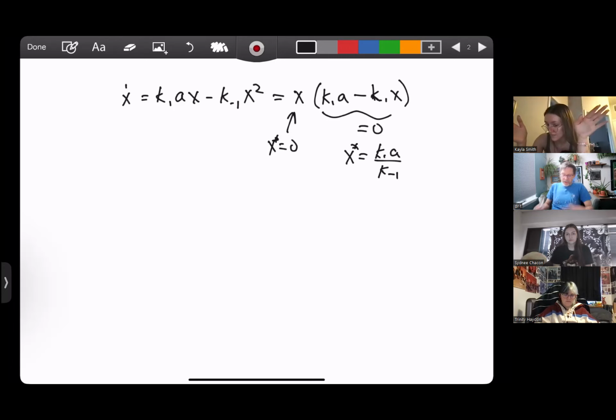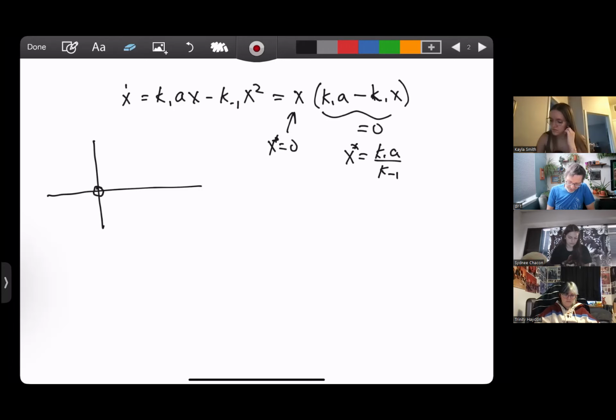Okay. So I think let me get there and then maybe we can talk more about what it is you're asking. So we've got a fixed point here. I'm not going to color them in yet. And then we have a fixed point here. And then, like you said, everything's positive.